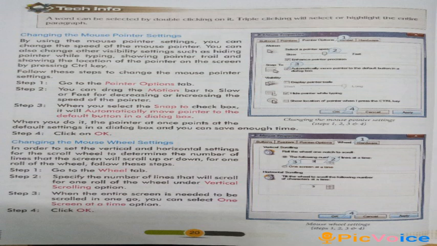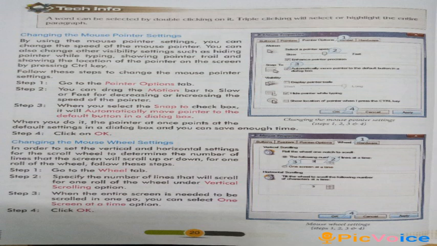Follow these steps to change the mouse pointer settings. Step 1. Go to the Pointer Options tab. Step 2. You can drag the motion bar to slow or fast for decreasing or increasing the speed of the pointer.